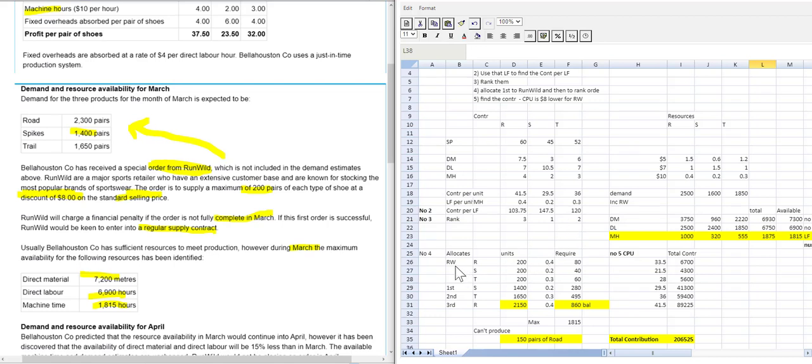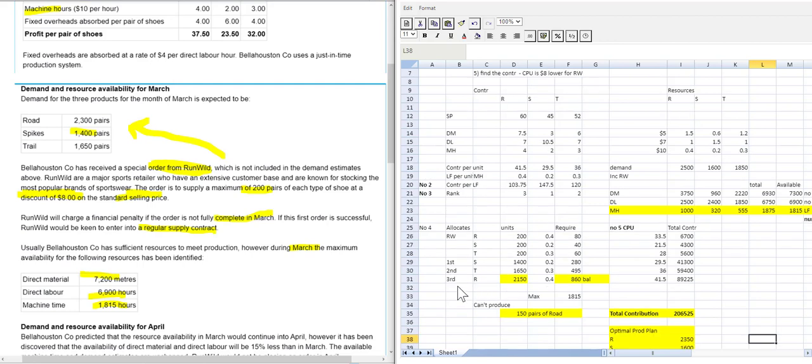Then I've got to allocate, remembering giving it to Run Wild first because that's important, and then the remainder can go to the rest of them, with the balancing being the third in rank, which is the road shoe.